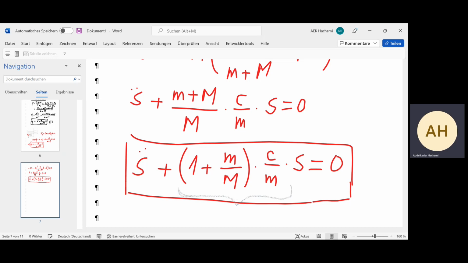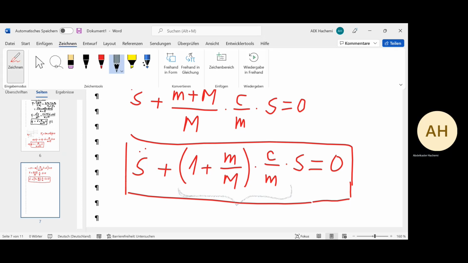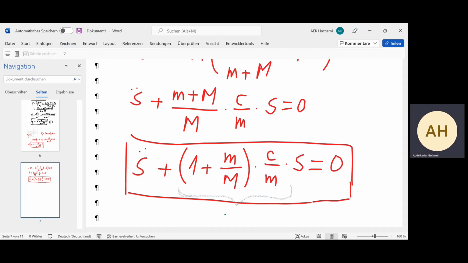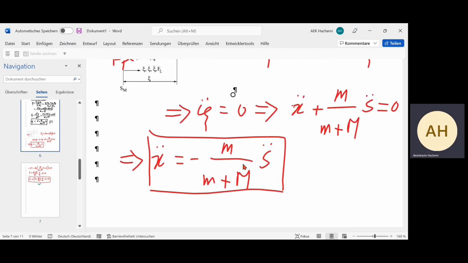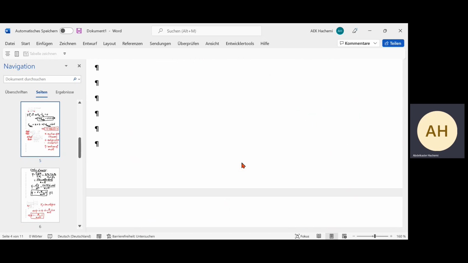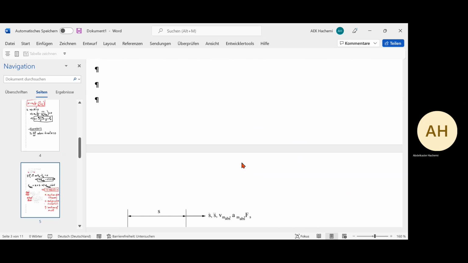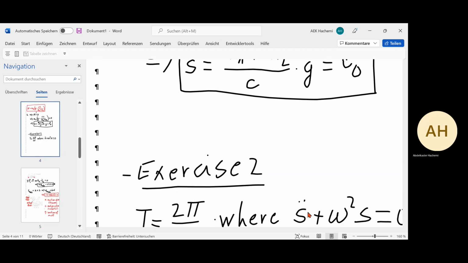term here, it's only omega square. Why? We have said before that we have the differential equation s double dot plus omega square multiplied by s must be equal to 0.